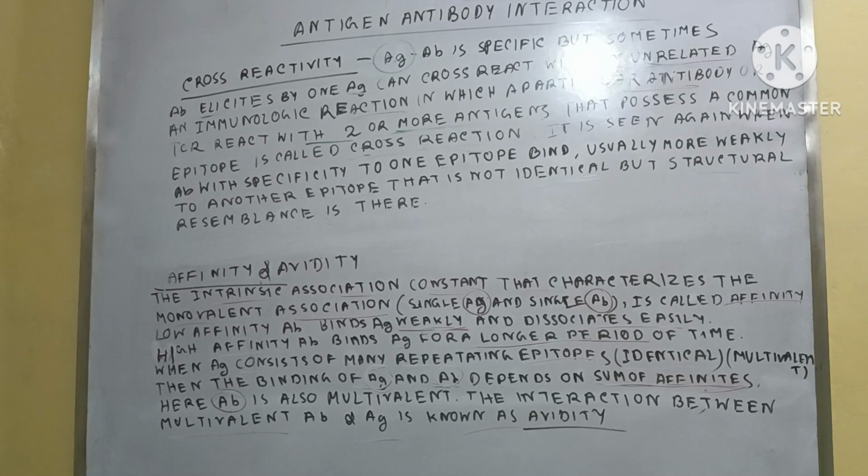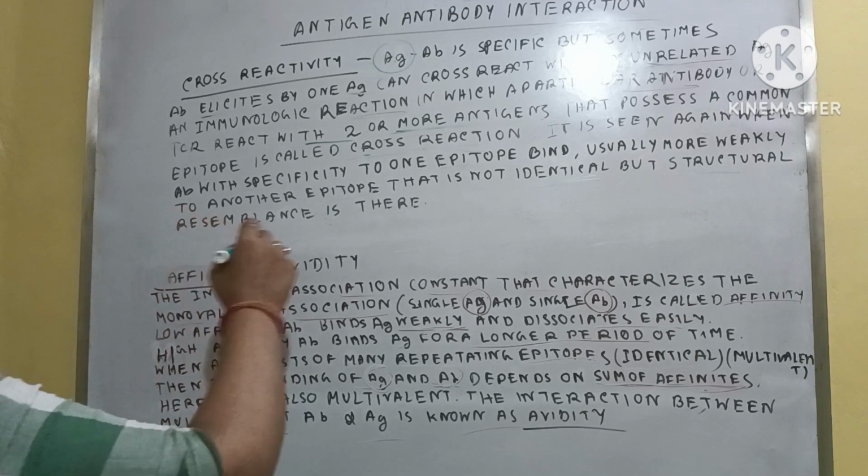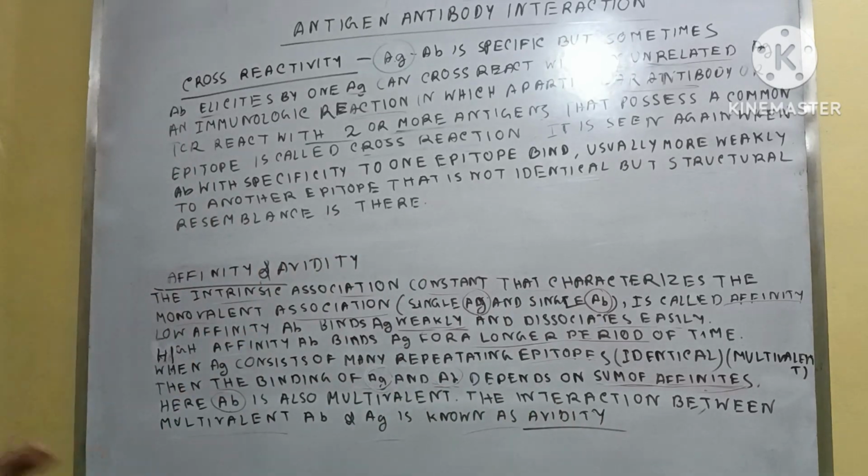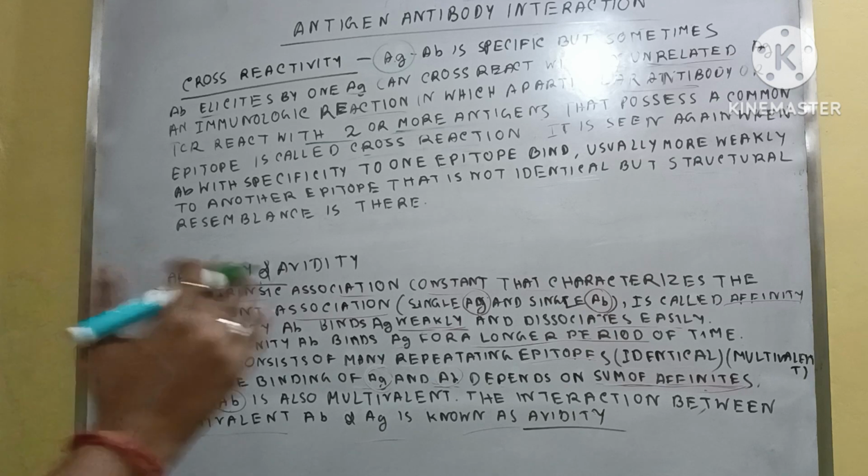Actually the antibody cannot recognize the particular epitope here. So that's why it tries to bind with an epitope that is not the actual antigen's epitope, but has structural similarity. So it tries to bind another epitope of the antigen which resembles the first epitope, the one the antibody actually has to recognize.